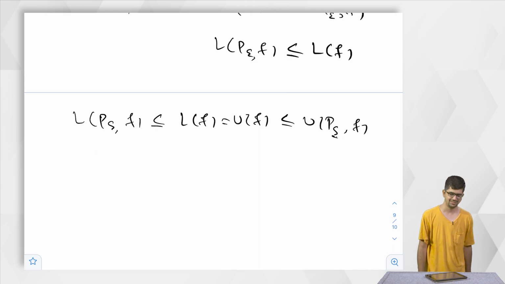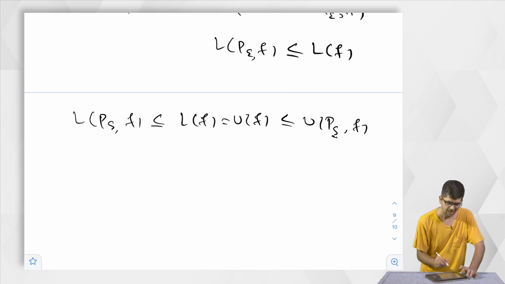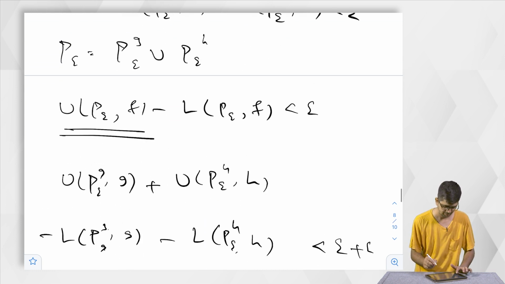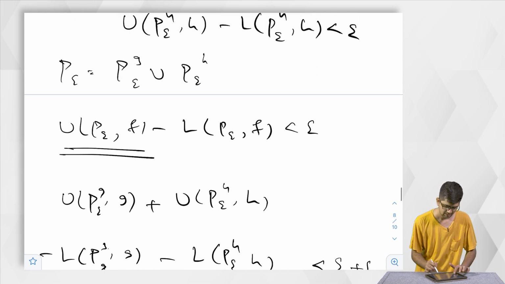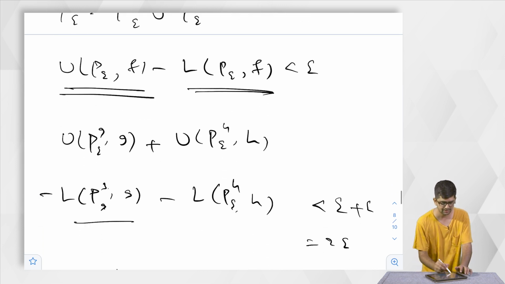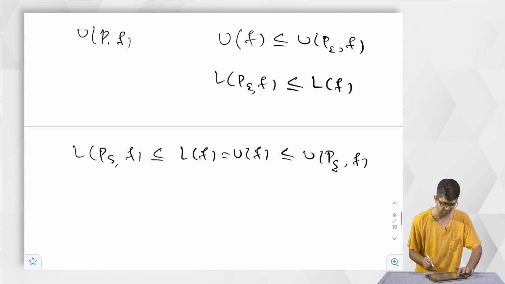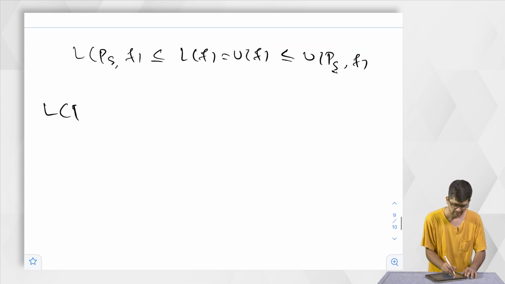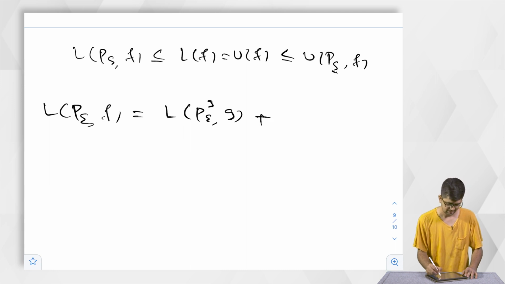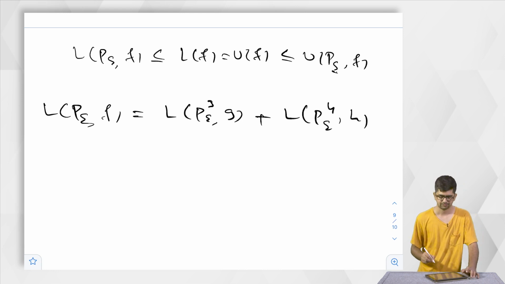Let us keep it aside for some time. Observe that I have mentioned that L(P_epsilon,f) is just the sum of this and this. Let us write that down: L(P_epsilon,f) is equal to L(P_epsilon,g) plus L(P_epsilon,h).